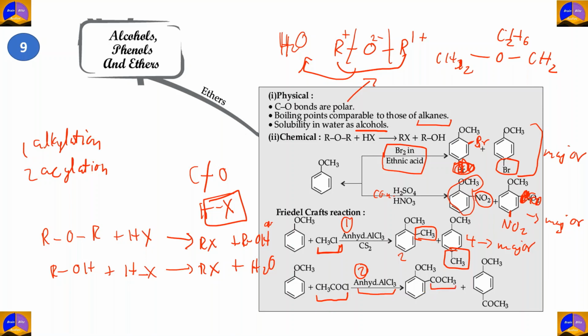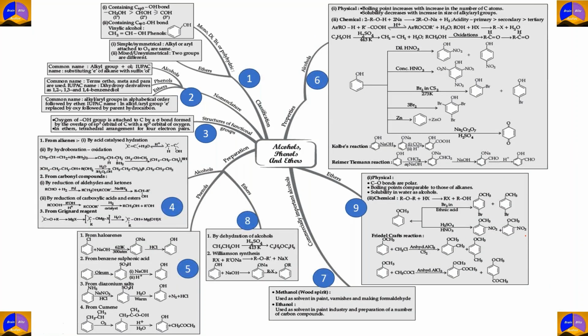Now this is 2-methoxyacetophenone, because it's in the second position, the ortho position, and this is 4 because it's in the para position. And again, the one in the para position is the major product. And that, in short, completes the chapter, alcohols, phenols, and ethers.